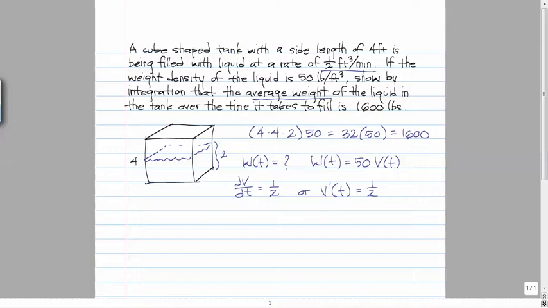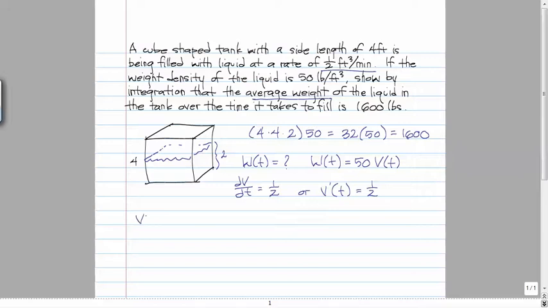Since we know that the tank starts empty, in other words that V of 0 equals 0, we can set this up as an initial value problem, where we use the derivative to find an original function.